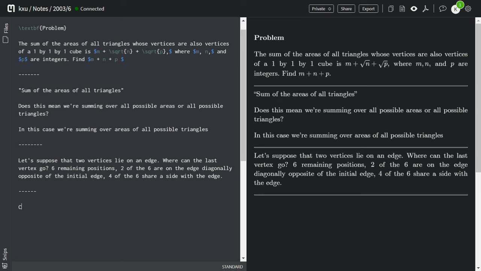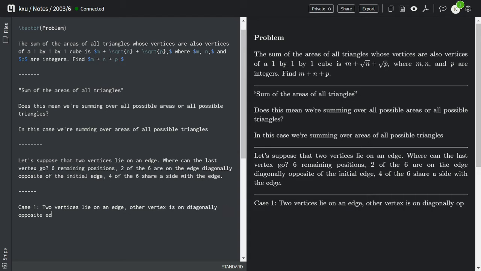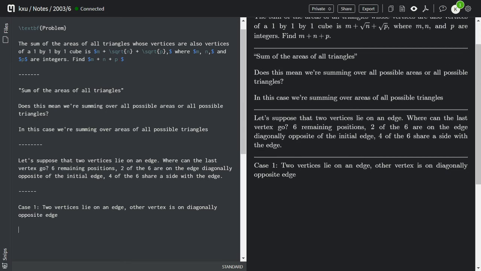So let's do our first case. Two vertices lie on an edge, and the other vertex is on the diagonally opposite edge. How many triangles does that give us? Well, we don't really need to worry about permutations or anything.